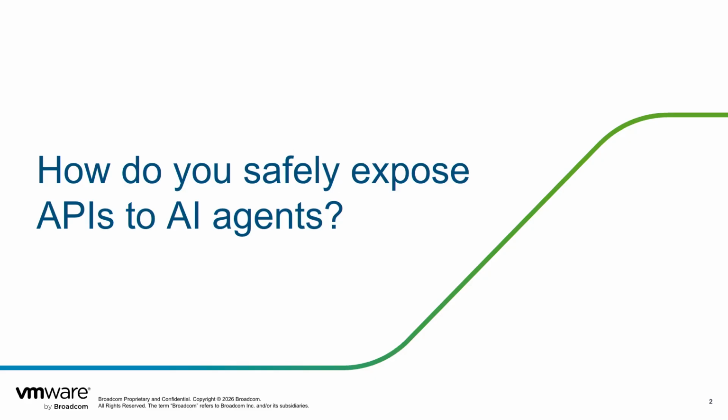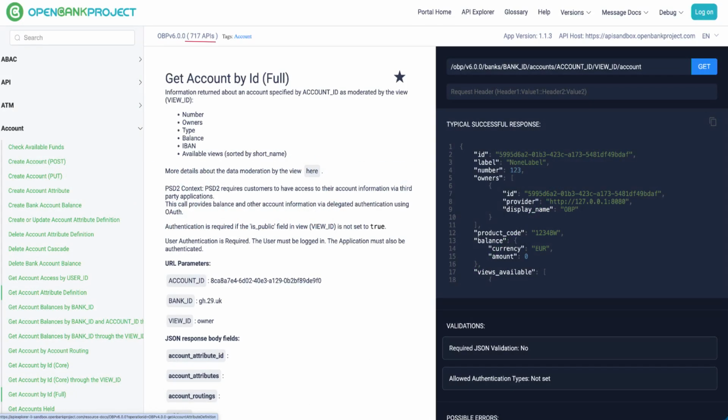If you ask the question here, who here has lots of APIs where you work? Lots of REST APIs. Okay, keep your hand up if you're using Swagger. Yes, you have lots of those. So the question is, how do you expose those APIs? I wanted to do something realistic. What you see here is a screenshot from a project called the Open Bank Project.